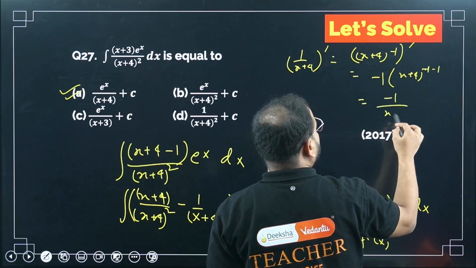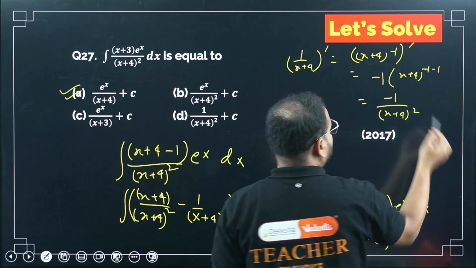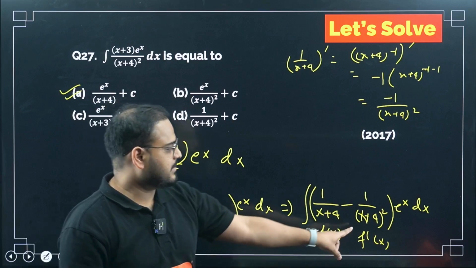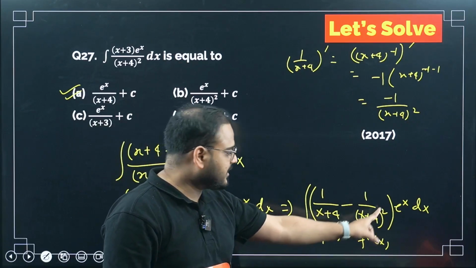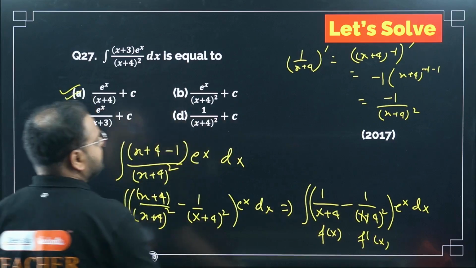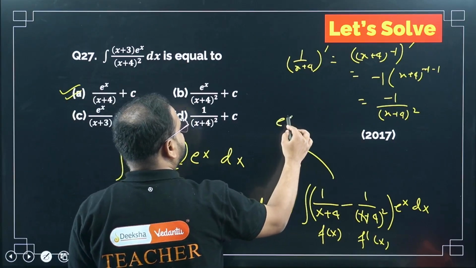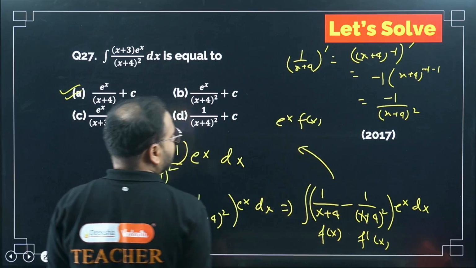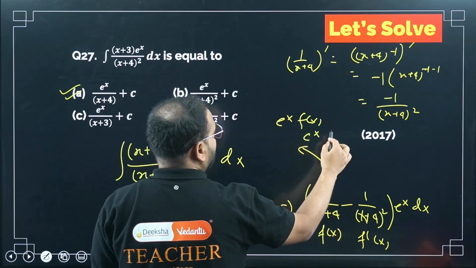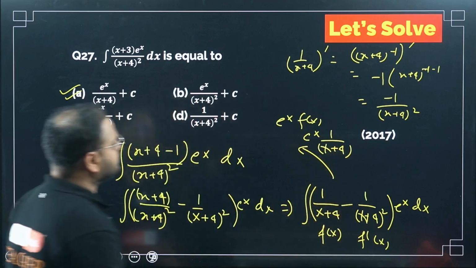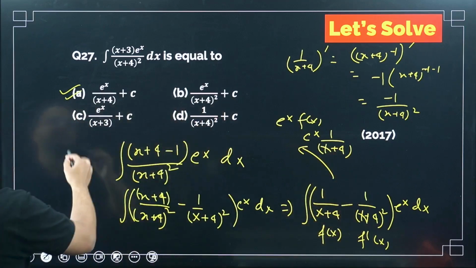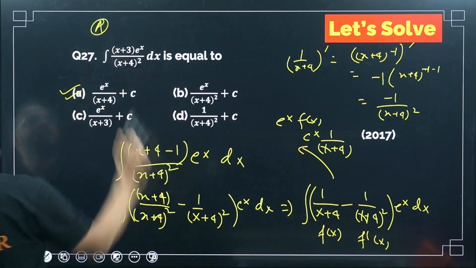Minus 1 upon x plus 4 to the power 2 in the denominator. Same thing is written over here. So what do I have? f(x) plus f dash of x, with e power x. What is the answer? Sir, the answer is as simple as e power x f(x). How much is that? E power x times 1 upon x plus 4. So e power x upon x plus 4 plus c. Option number A.